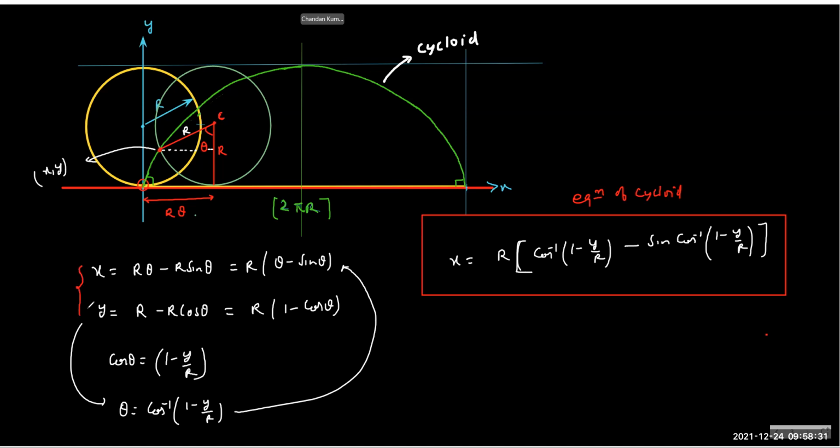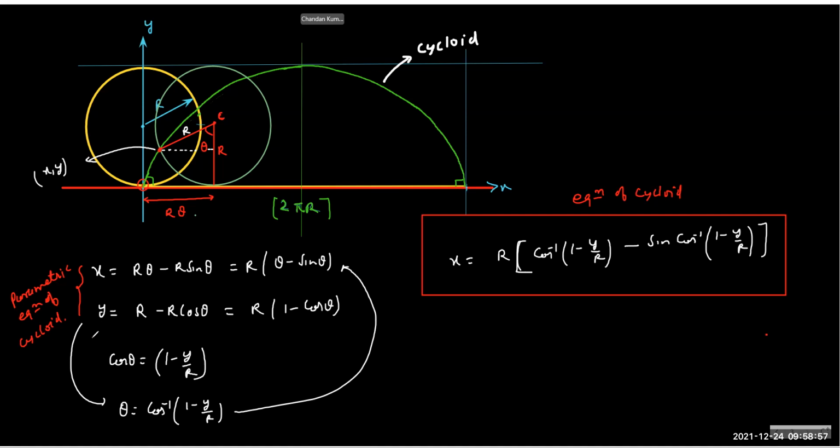So these two equations are called the parametric equation of the cycloid. So now you can understand easily how the x and y come. Although these are not required, this is how we discuss it.